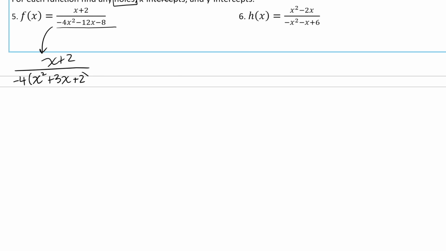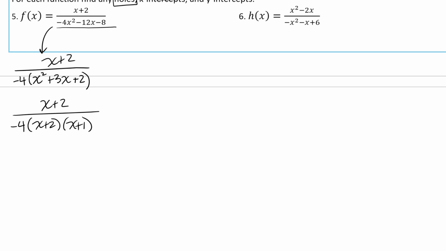Oh, plus 2. Right, taking out a negative 4, so it changes the sign. Okay, I can factor the denominator now. Again, I already took out the negative 4. But 2 and 1 multiply to 2 and add to 3. So I have x plus 2 times x plus 1 after I factor that.